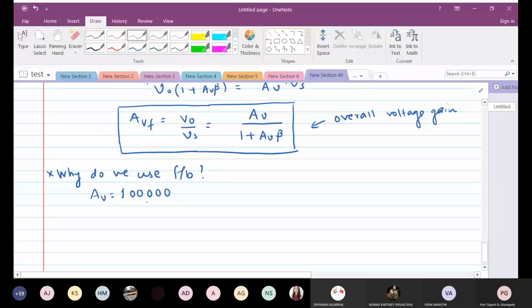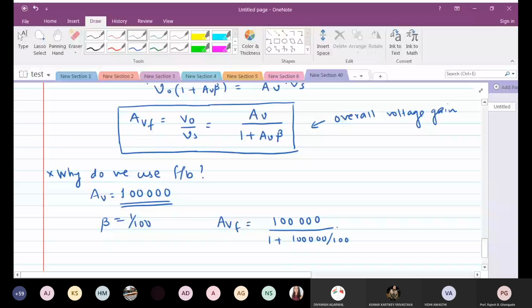So if my open loop gain is so high, and if I let beta be equal to 1 by 100, so 1/100th of the output I'm feeding back to the input, what will happen to this value AVF? Let us try to figure it out. So this will be 100,000 divided by 1 plus 100,000, divided by 100.